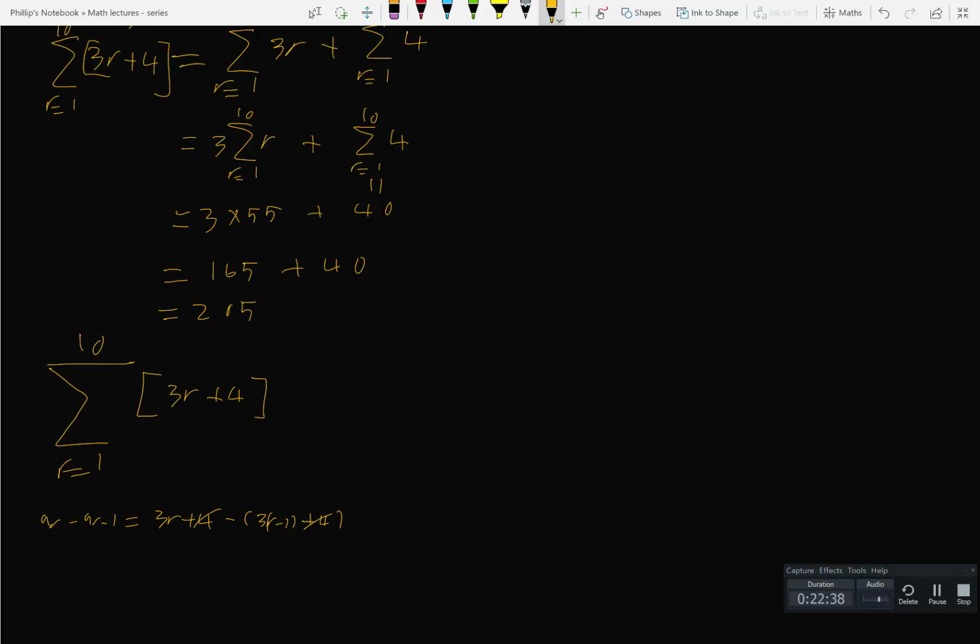The 4 cancels, so it equals 3r minus 3r, then minus negative 3, plus 3, which is equal to 3. So the common difference is 3. The first term is 3 times 1, which is 3, plus 4, which is 7.